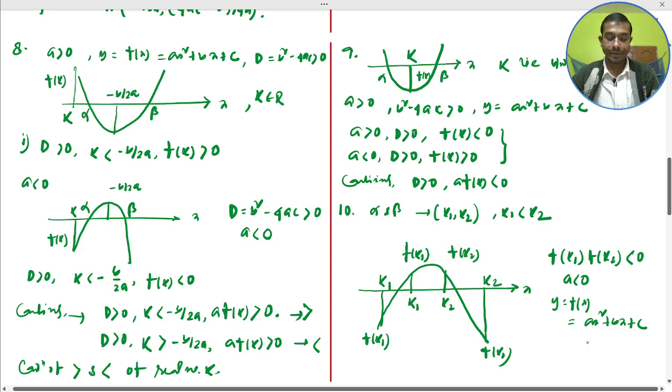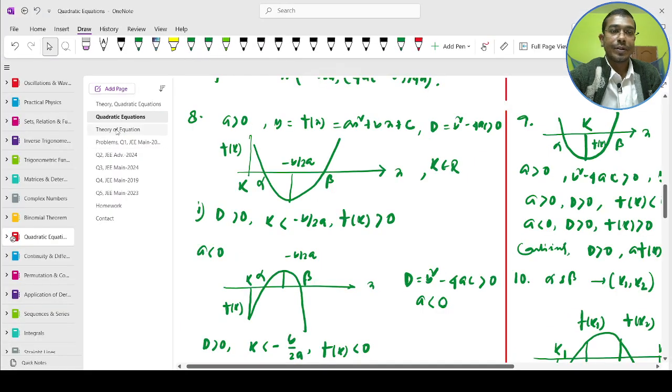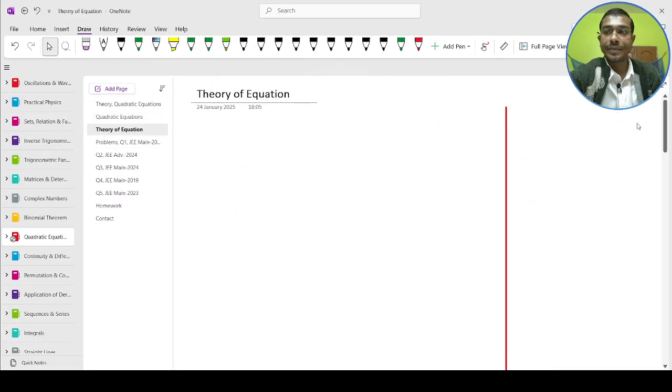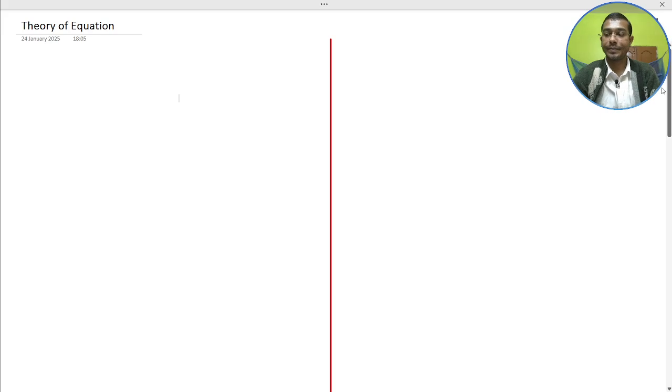This is another condition, and in our next lecture, the theory of equations, very important for JEE Main MCQ type questions.